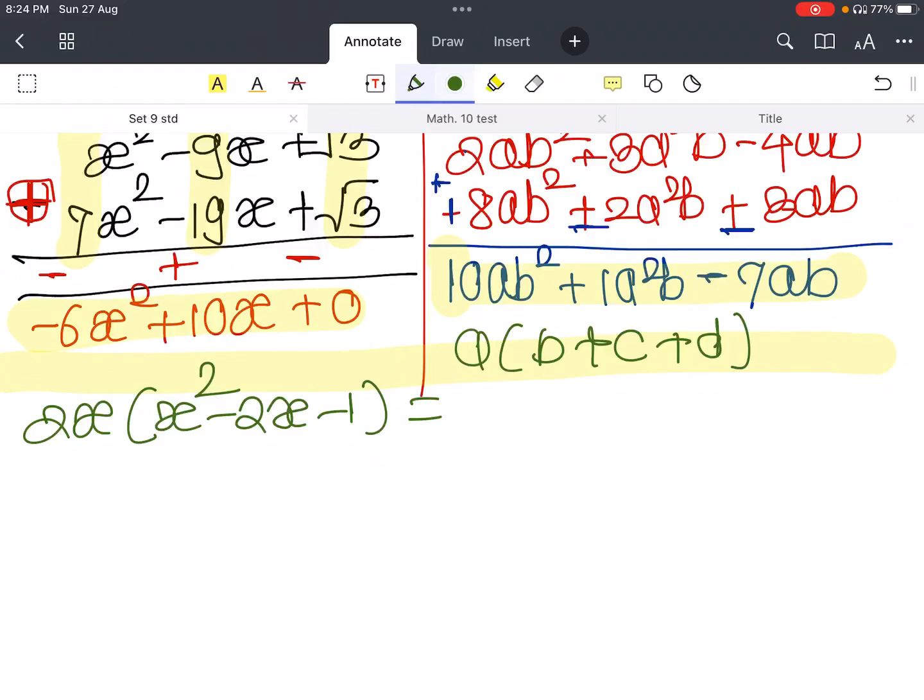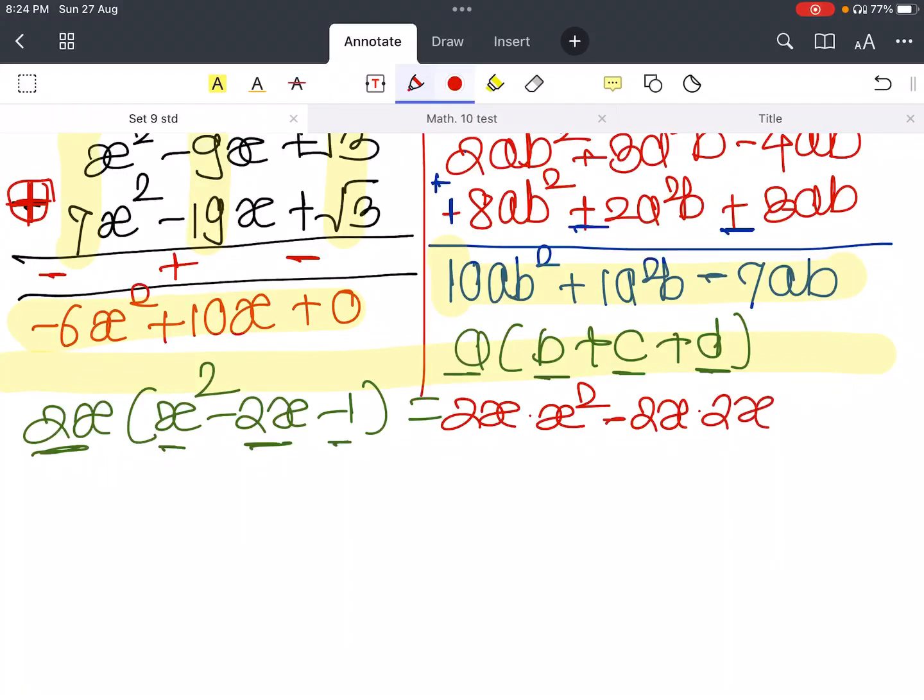We know that a is multiplied with b, with c, and with d. Similarly, this 2x will multiply with x square, minus 2x and minus 1. So you have to write it like that: 2x into x square minus 2x into 2x minus 2x into 1.